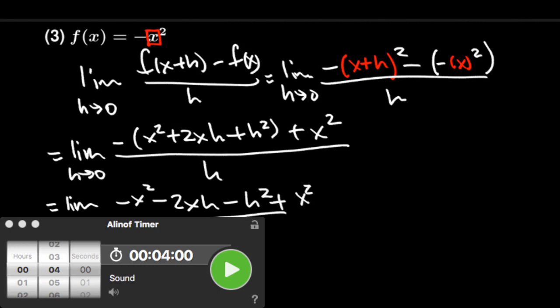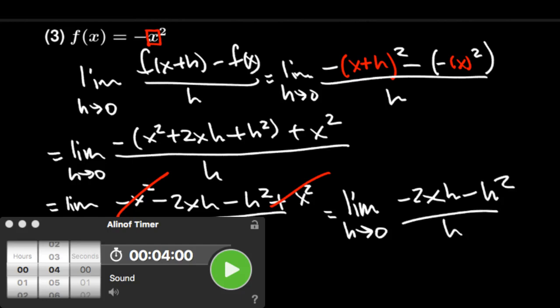All divided by h. So we have negative x squared and a positive x squared. Those are going to subtract out. It doesn't matter if the negative is before the positive, it still subtracts out the same way. Limit as h approaches 0 of, now we have negative 2xh minus h squared, all divided by h.